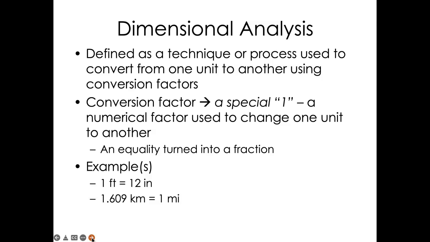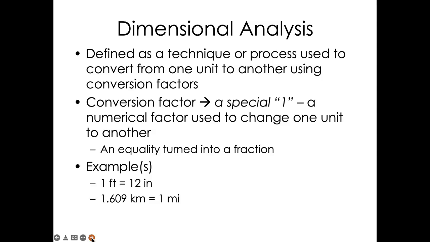Now, sometimes as we're converting units, we may have to convert from metric units to English units or English to metric. And so we can't simply jump and add zeros and take away zeros. And so we use a strategy called dimensional analysis, where we turn a quantity that's equal to 1 into a fraction.